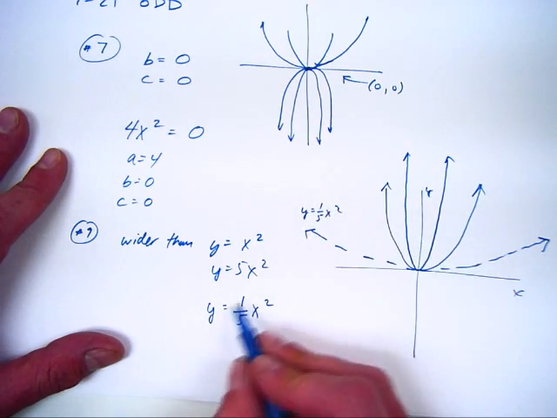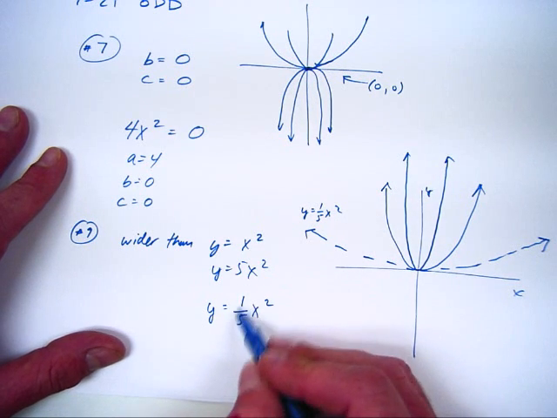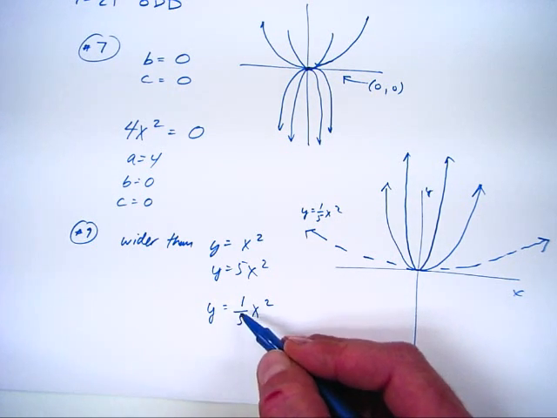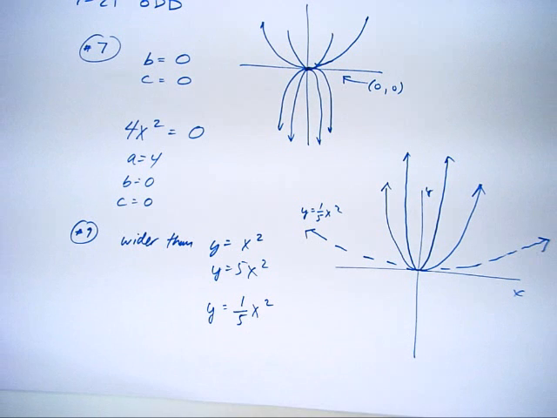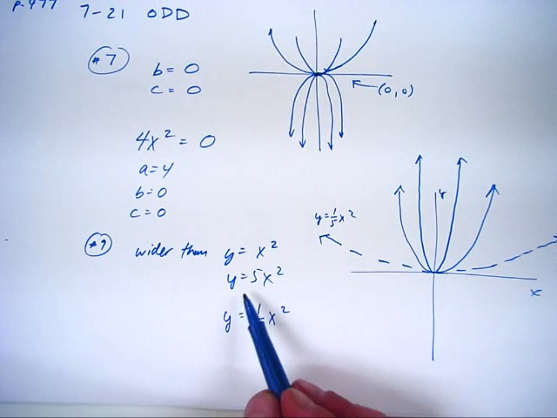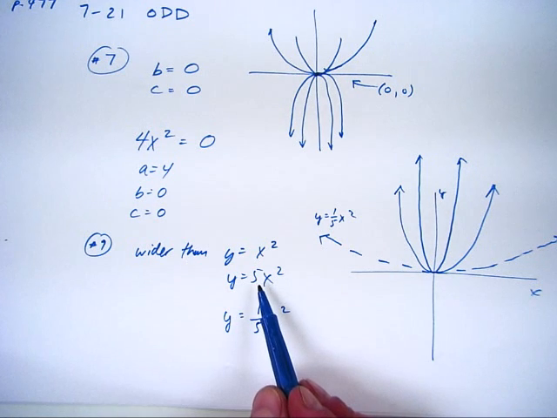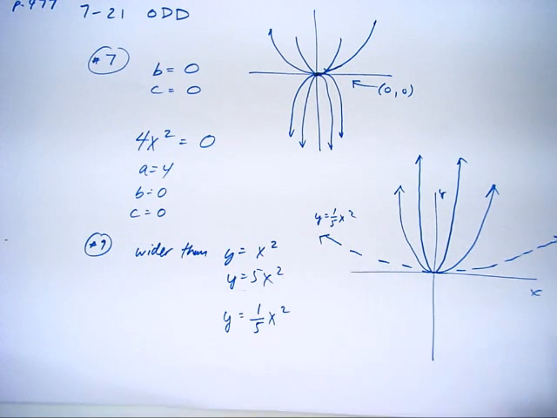It's going to slope up because this is positive, but it's going to be wider because the absolute value of a is between 0 and 1. It could be positive or negative, it doesn't matter. So that's an example of one that's wider than y equals x squared. And y equals 5x squared is an example of one that's steeper or narrower than y equals x squared.